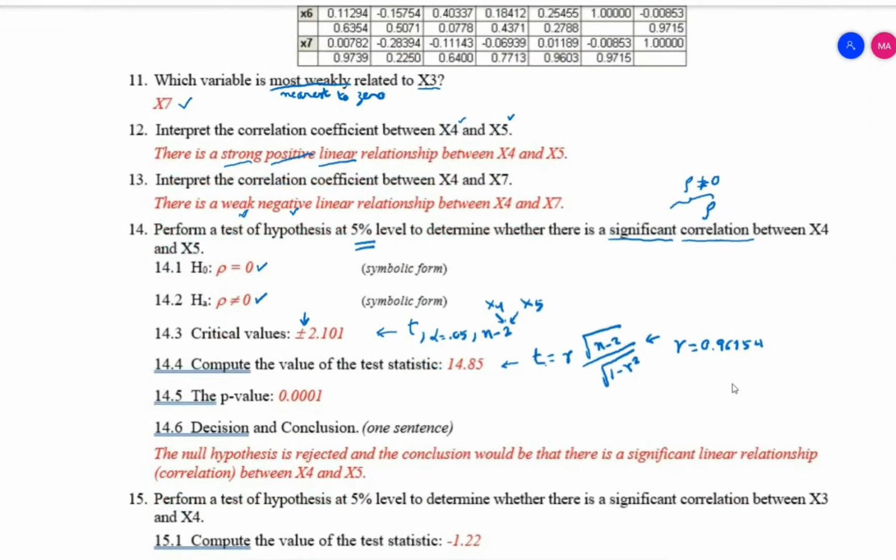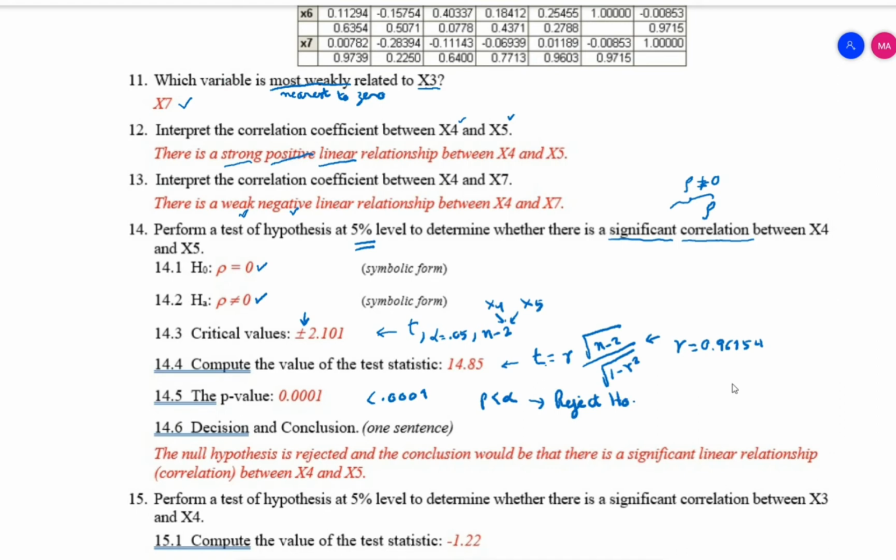So you can write 0.0001, or you can write smaller than 0.0001, whatever it is. You have to remember that if the p-value is smaller than alpha, in this case alpha is 0.05, and p is very very small, then reject H0.